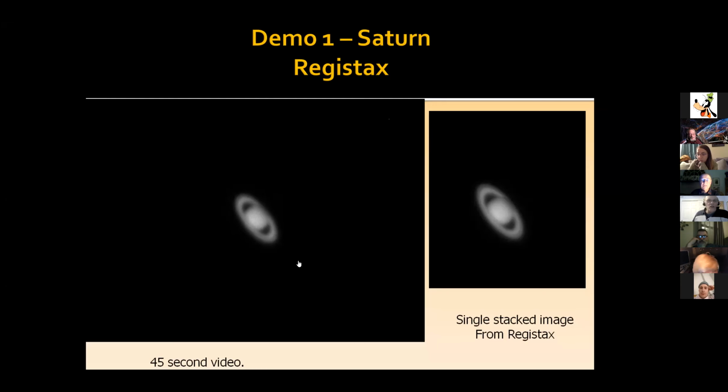If you look at the left-hand side, here's the 45-second video. It's not bad. Every now and then, you'll see Cassini's division poke out of there. You may not be very impressed with it. But the neat thing is, when you put it through these stacking programs, all of a sudden there's a whole bunch of things that come out that are really nice.